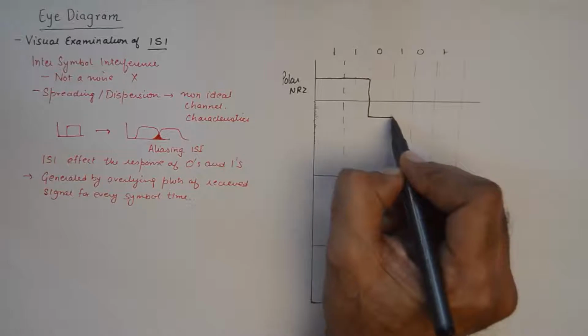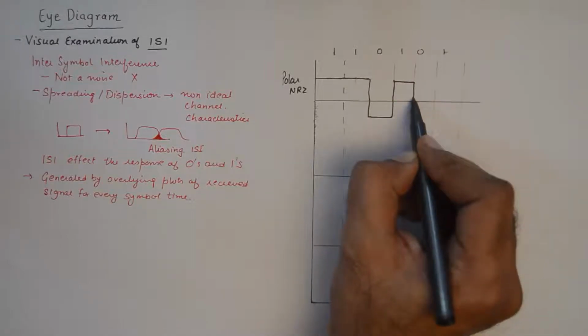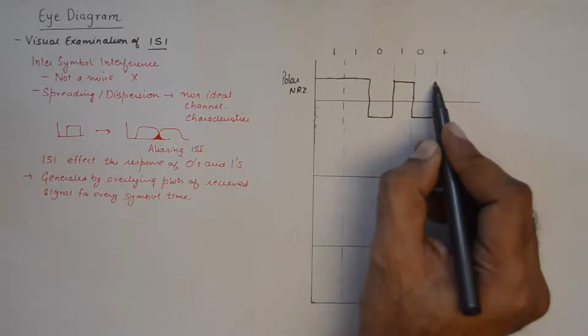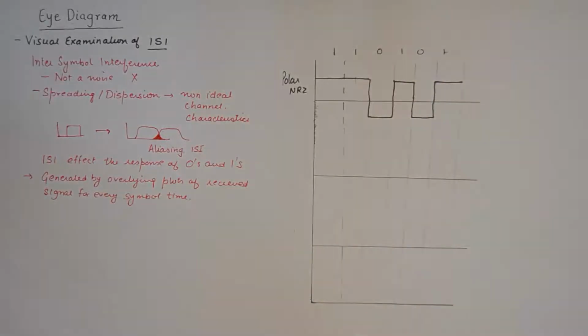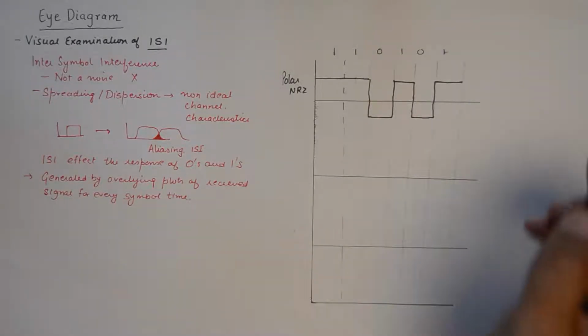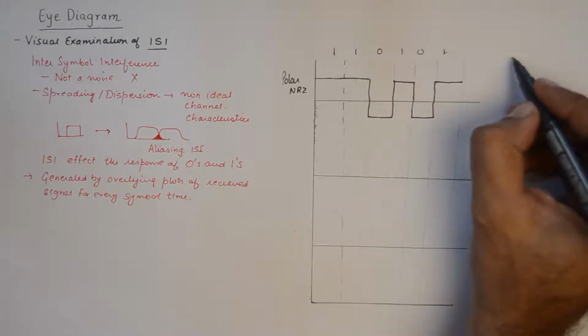And I'm talking about the ideal wave shape for a code sent over a few bits. Now, the eye diagram, which is the visual examination of these pulses received, can be seen on an oscilloscope.